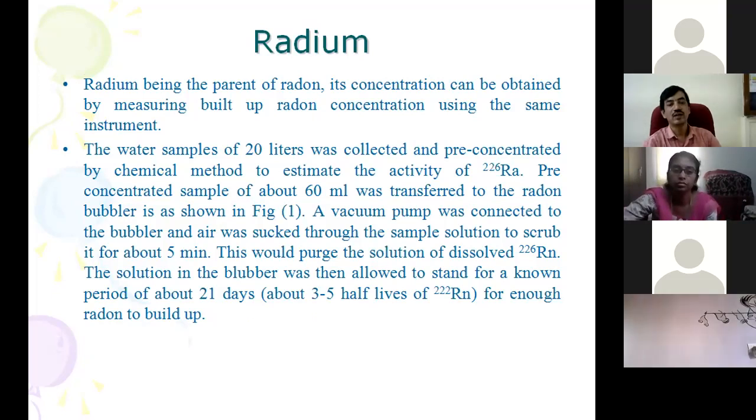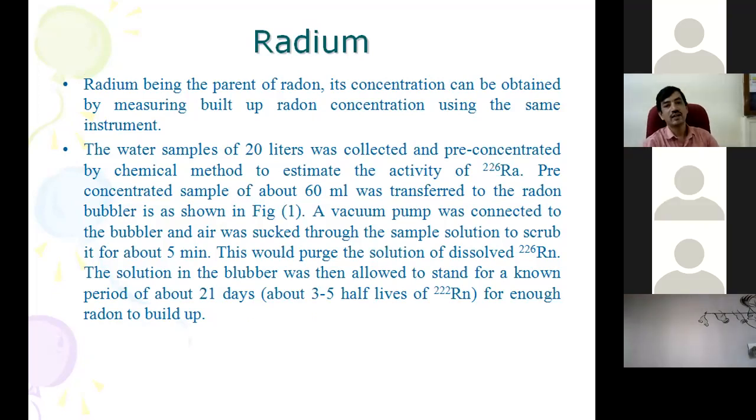That means we put magnesium oxide, and this magnesium oxide will precipitate all the metal elements and also the radium. Then by increasing the temperature of water, it will be slowly evaporated. We will heat it at 60 degrees Celsius overnight.